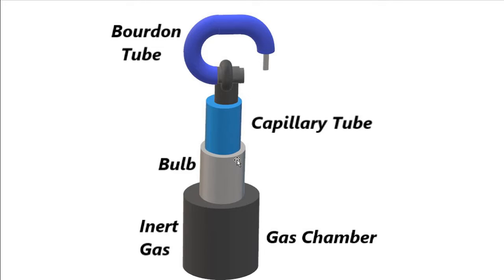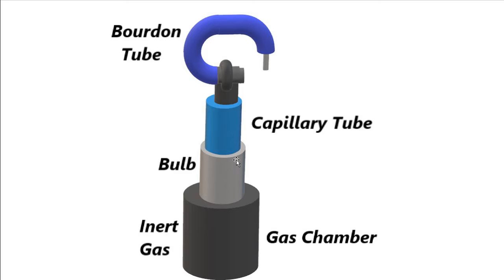Now our objective is to measure the pressure of the gas. For that, any pressure sensitive element can be used, like we have discussed in the previous 3 or 4 videos: Bourdon tubes, bellows, membranes, capsules, corrugated diaphragms, thin plate diaphragms.